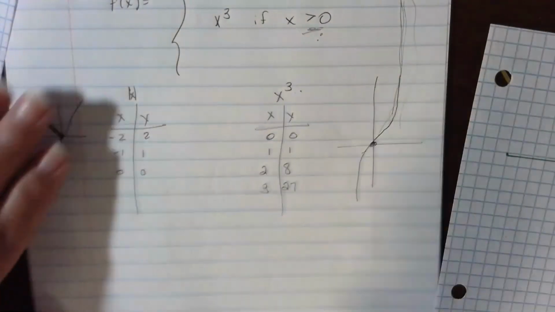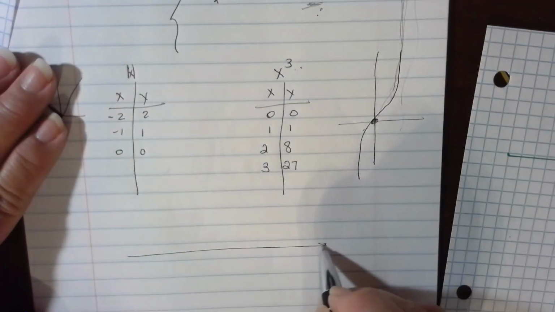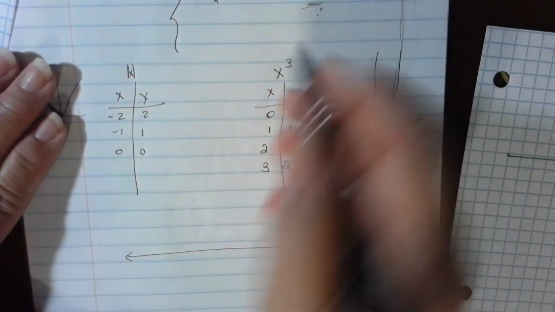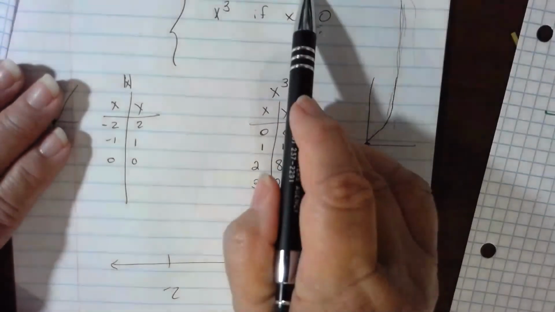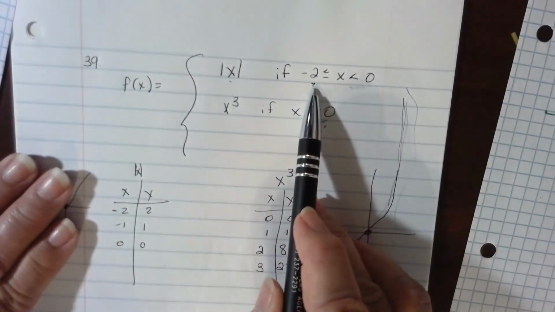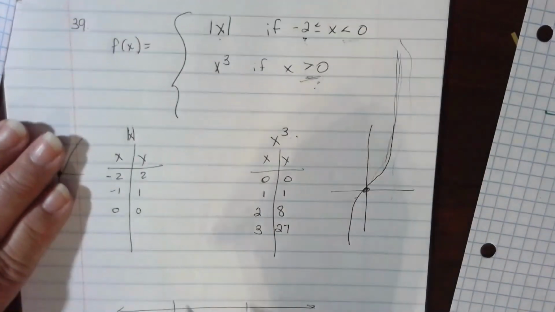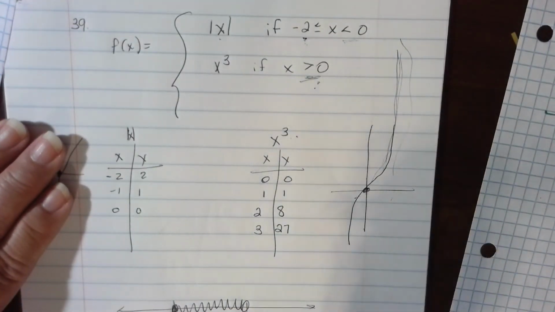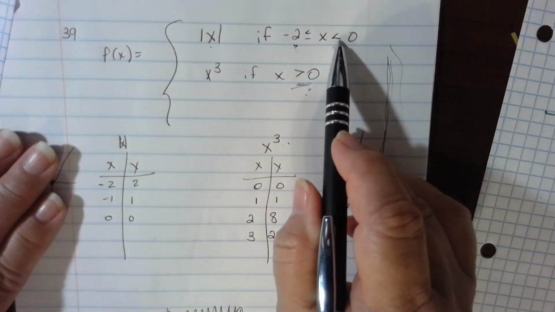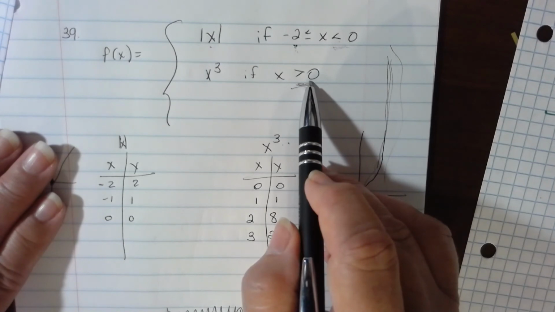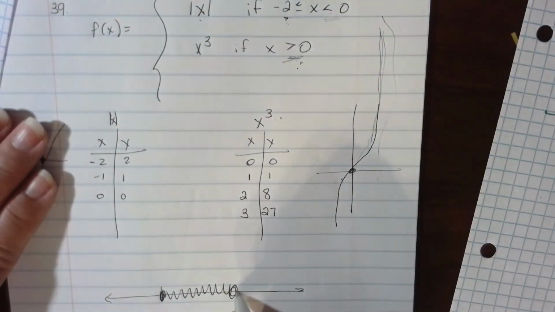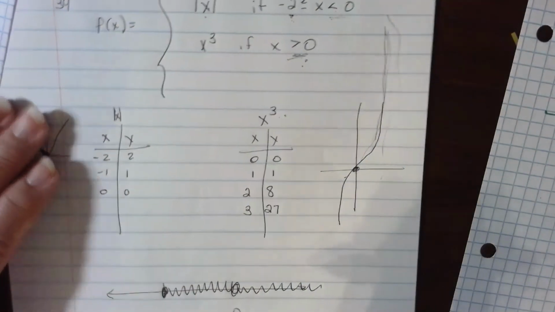Domain. I've got to talk about -2 and I've got to talk about 0. This is from -2 to 0, includes -2, and stops at 0 with an open circle. This one is greater than 0, so it starts at 0 with an open circle and goes to the right.